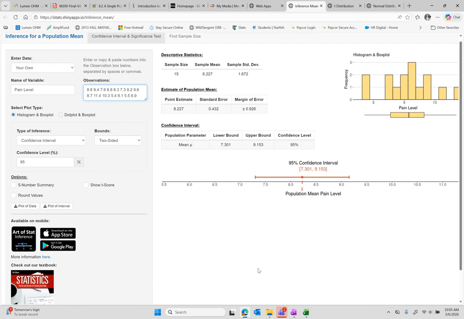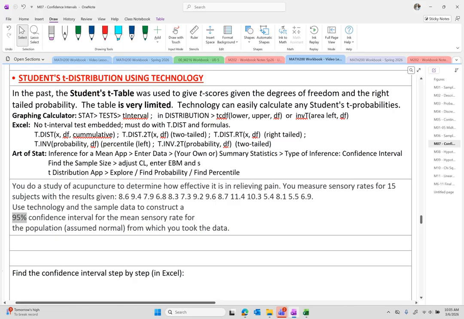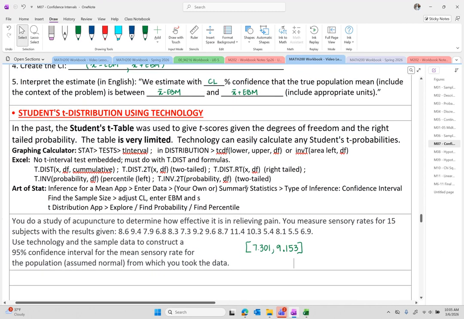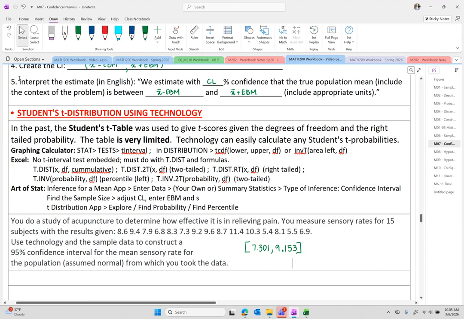So from ArtofStat, I actually have my answer, 7.301 to 9.153. And then I would interpret this by saying that, so I'm going to read the interpretation here.